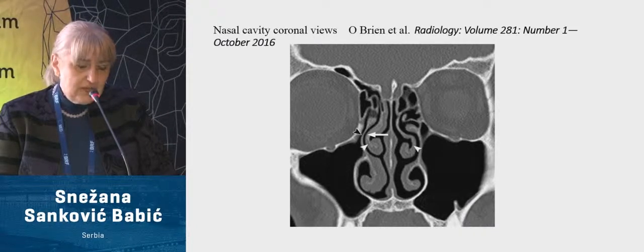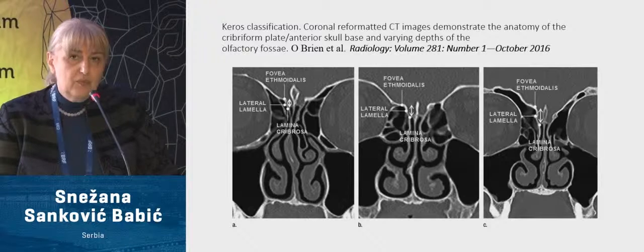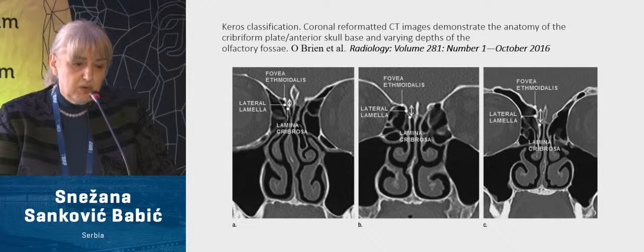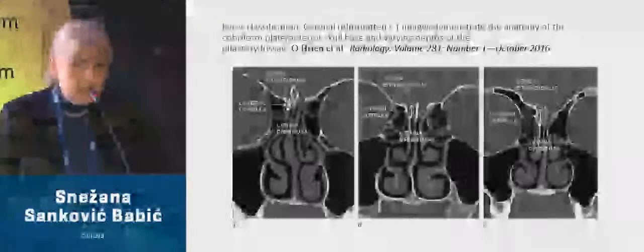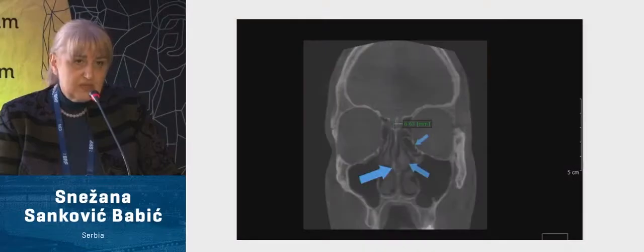Analysis of the nasal cavity anatomical details in a coronal view was possible, first of all from the starting point, which is the position of the fovea ethmoidalis, lateral lamella, and lamina cribrosa. It was excellently possible to analyze by CBCT.